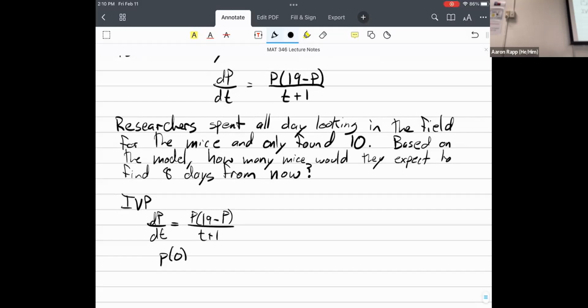If I let 0 represent the day that the researchers were out in the field, my starting time, then I know that there were 10 at the very beginning. So I need to solve this initial value problem.